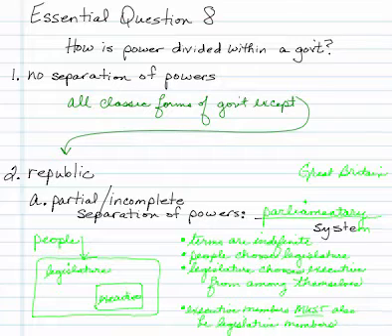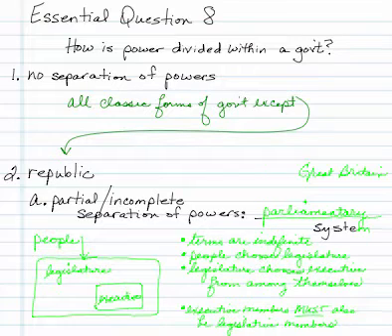So a monarchy does not have separation of powers. A democracy does not have separation of powers. A dictatorship does not have separation of powers. The dictator makes the laws, the dictator makes sure that the laws are enforced, and the dictator interprets the laws however he or she wants to.